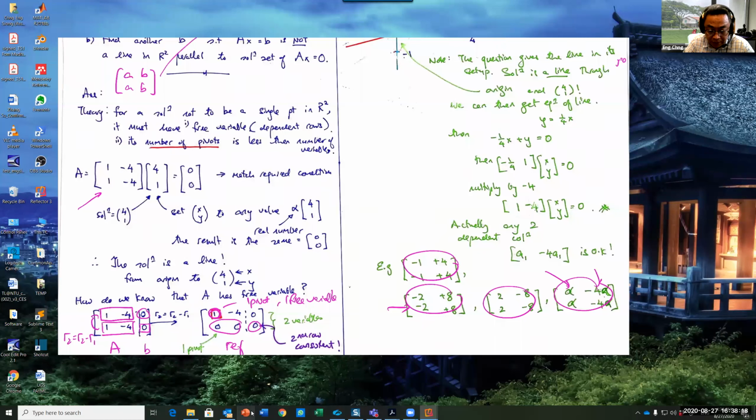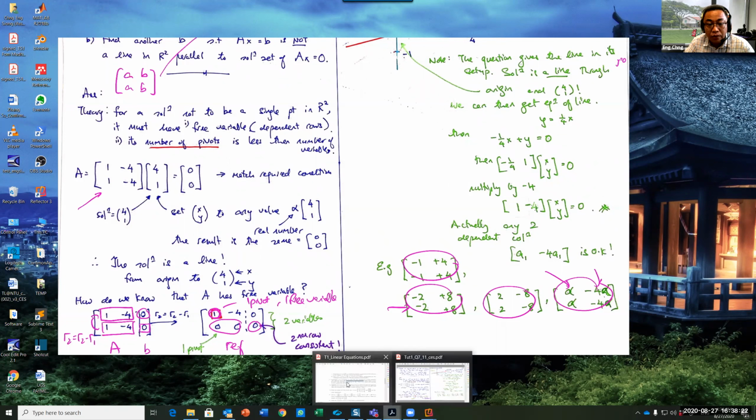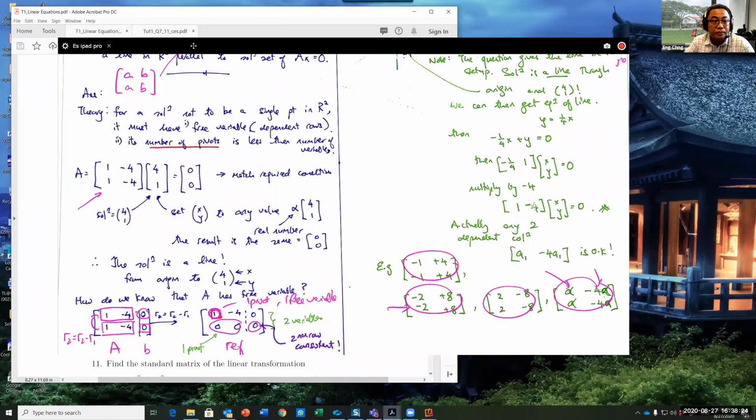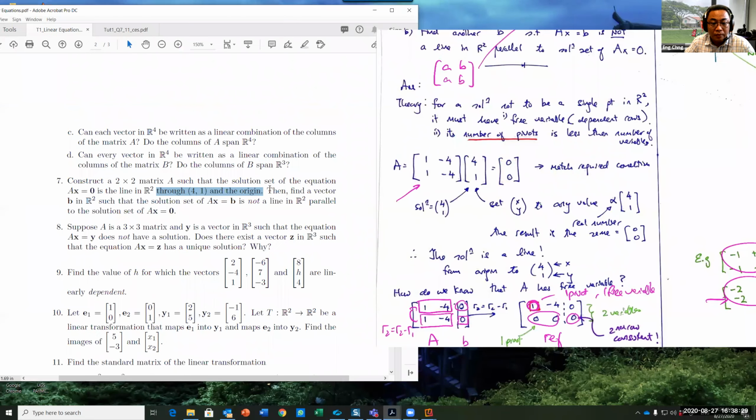Let's go to the second part of the tutorial, where we're asked to find a vector B such that the solution is not a line parallel to the first equation.